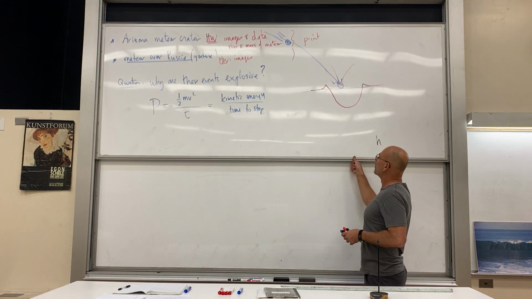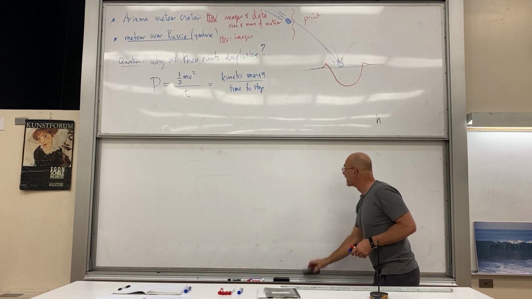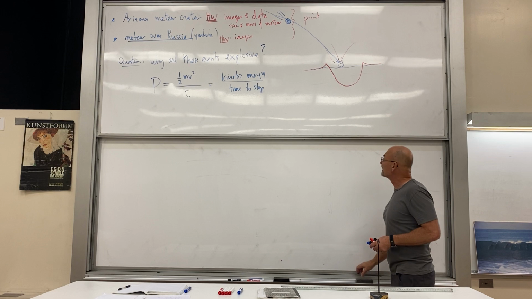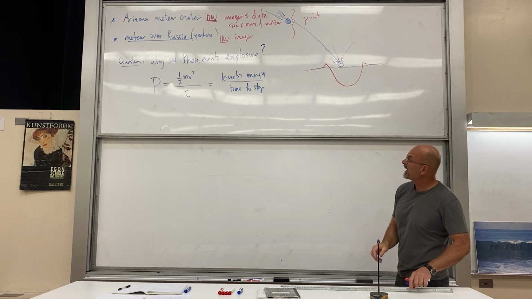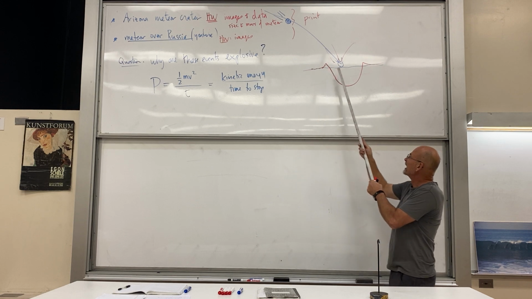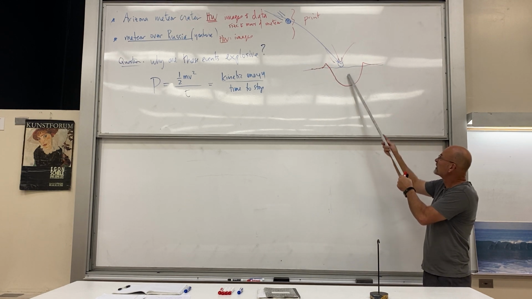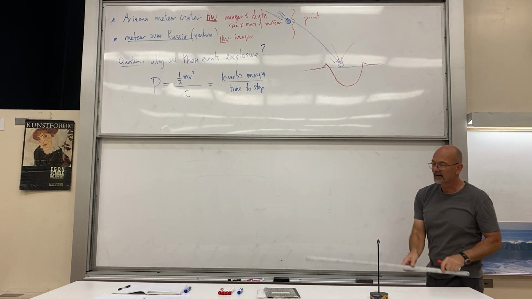And for the meteor, here's what we're going to say. We're going to make the claim that, roughly speaking, the kinetic energy of the meteor is going to equal the work that it takes to dig a big hole in the ground.